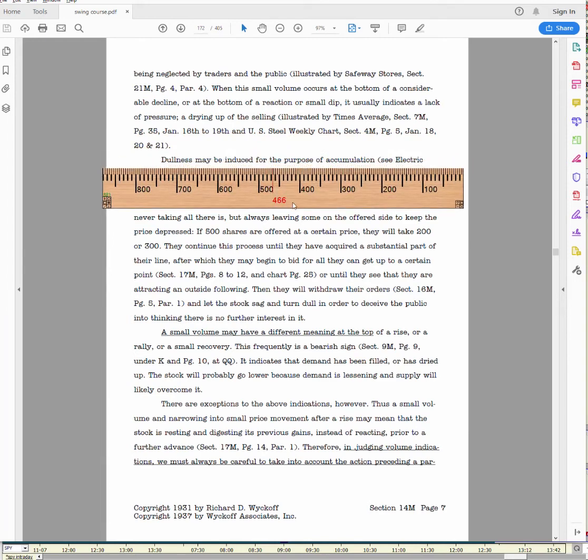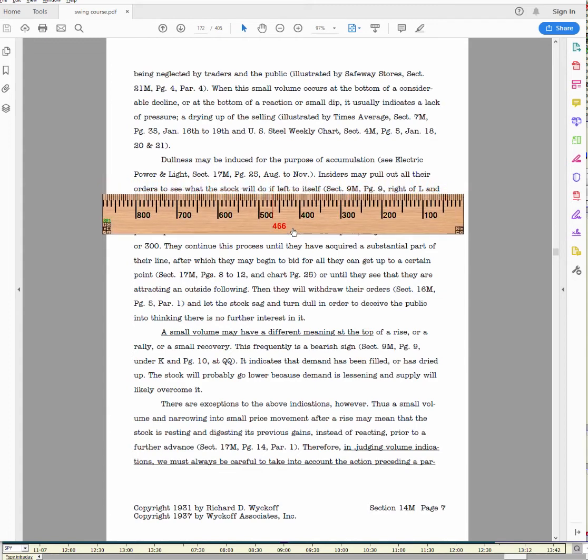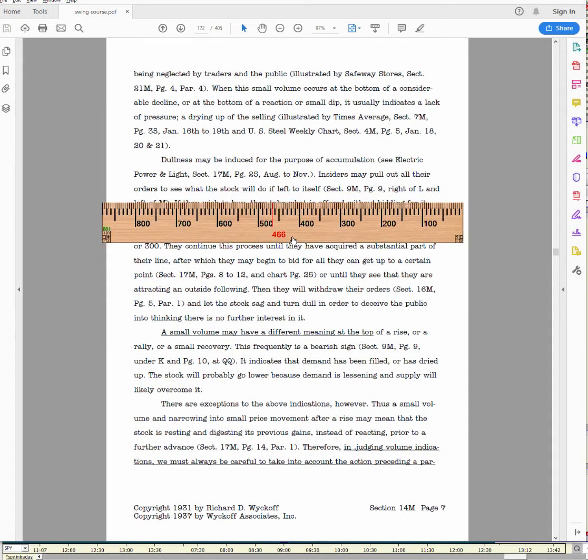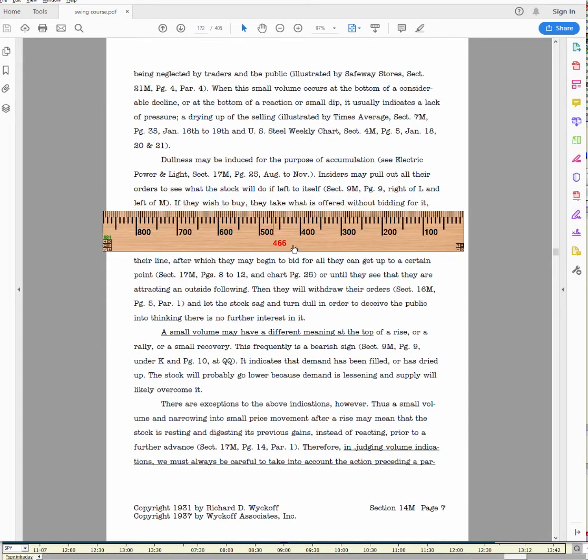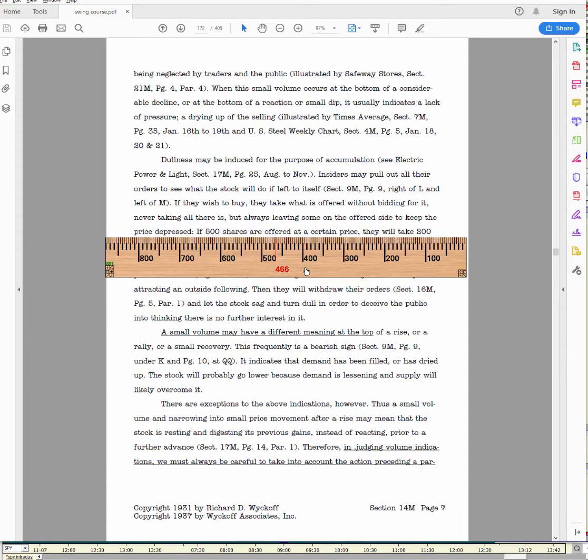Dullness may be introduced for the purpose of accumulation. Insiders may put out all their orders to see what the stock will do if left to itself. If they wish to buy, they take what is offered without bidding for it, never taking all there is, but always leaving some on the offered side to keep prices depressed.